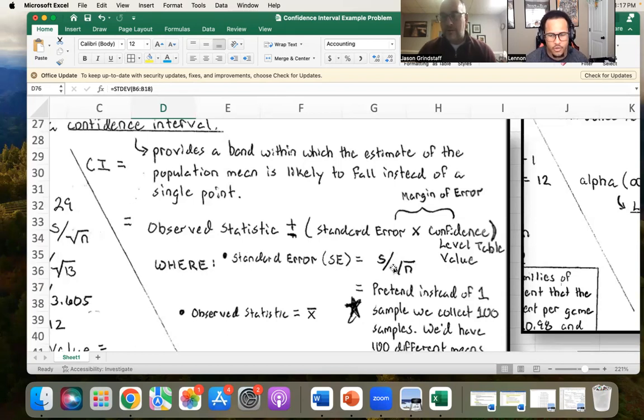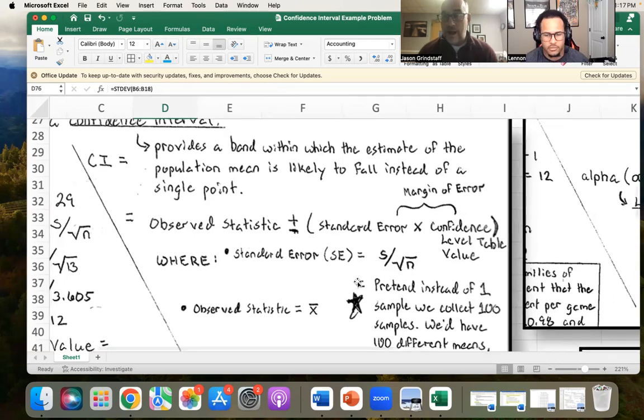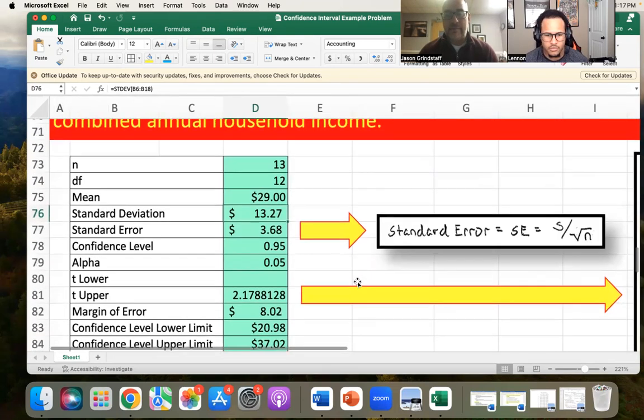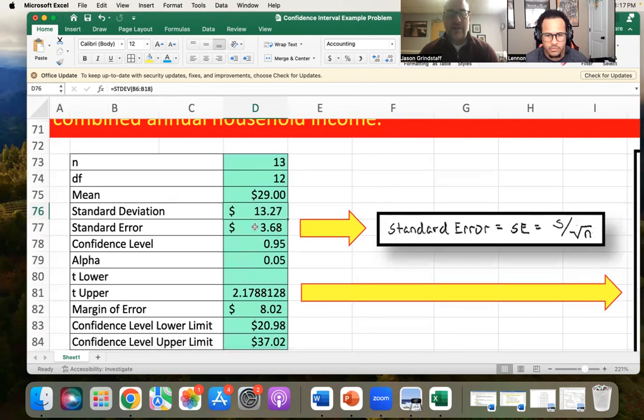But the square root of n, yeah. Yes. So we've already calculated the standard deviation, and we already know n. We just need to write a formula for that. So I'll show you how I did that. So standard error, if you're following this up here, it was just standard deviation. So I just created a function, wrote a formula for it.